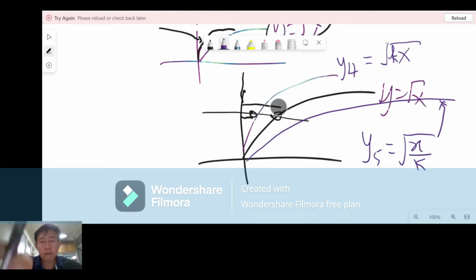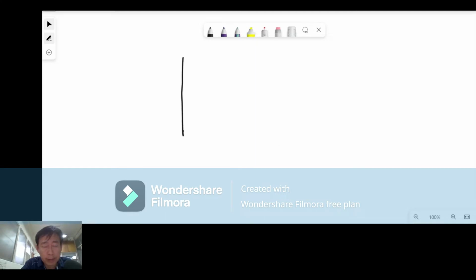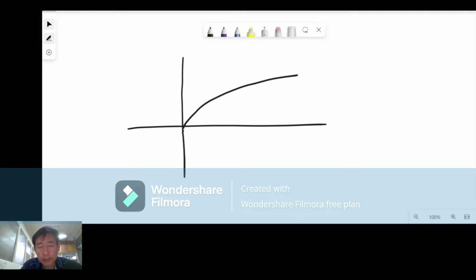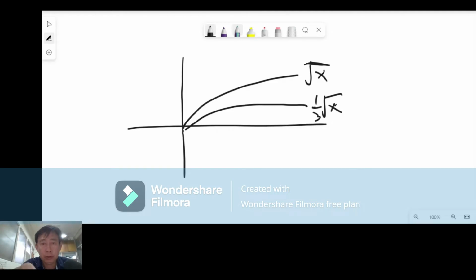When you compress a function vertically, say from this function to a function like this, which is 1/3 of the square root of x, you have to be aware that we are compressing at fixed values of x.